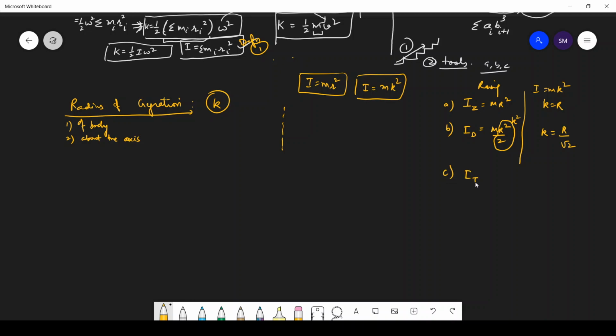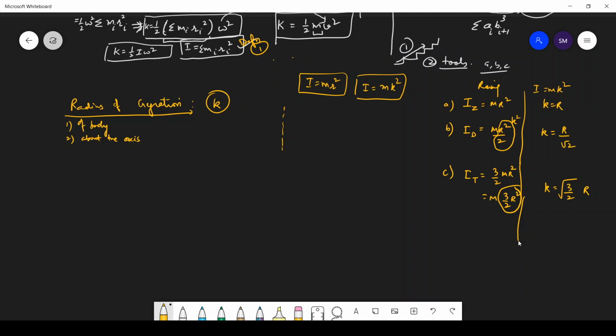Now moment of inertia along the tangent you found, that is 3 by 2 mr square. So mk square, so here this is your k square. So what is the value of k? Value of k is under the root 3 by 2 r.